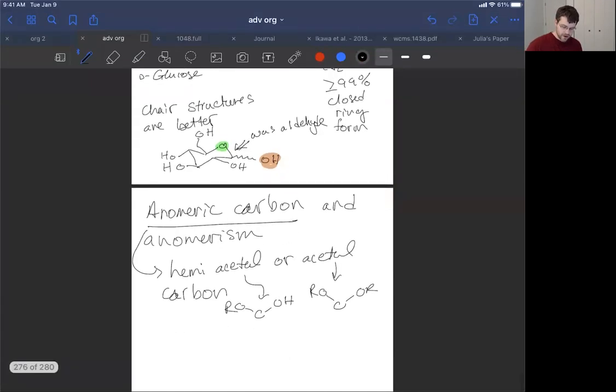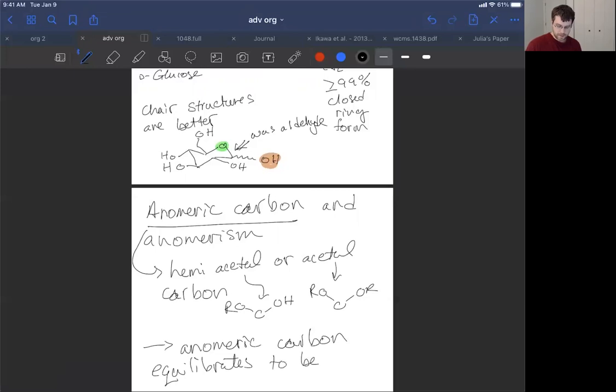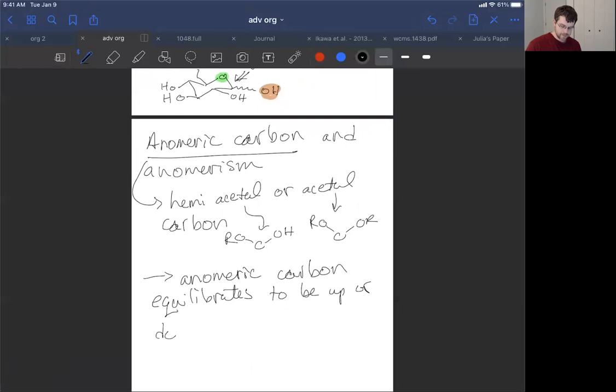Now the anomeric carbon equilibrates to be up or down. And that is the stereocenter at that position. It's a weird statement to write, referring to the stereocenter.